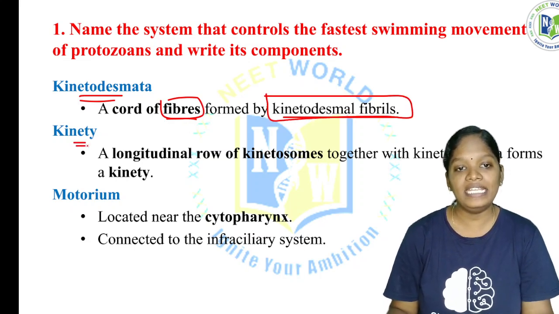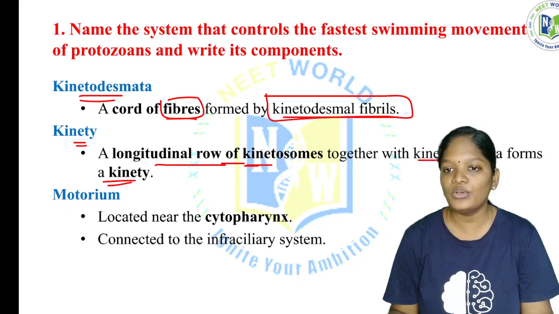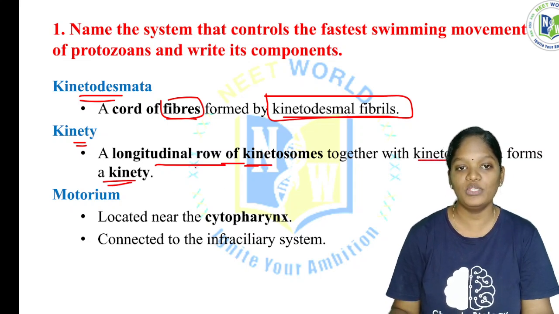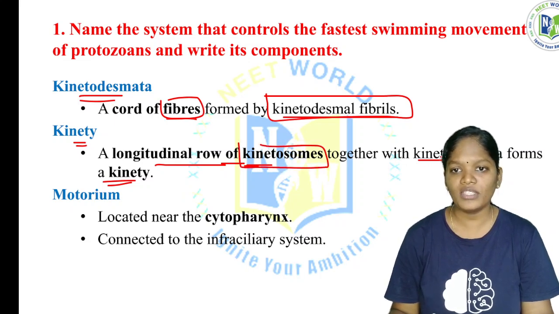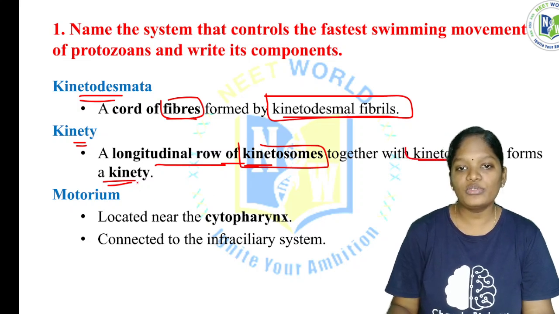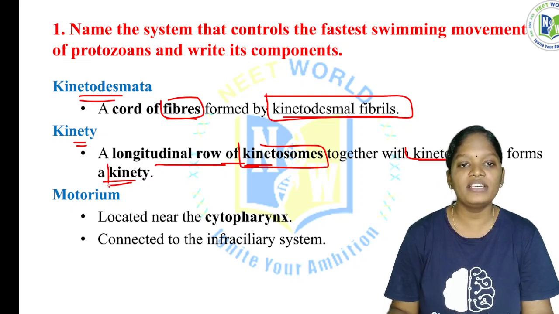Then what is a kinety? A longitudinal row of kinetosomes together with the kinetodesmata forms a kinety, which means what? See, this is the kinetosomes, and together with the kinetodesmata, we call them a kinety.